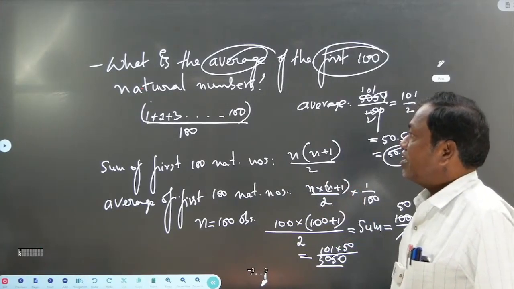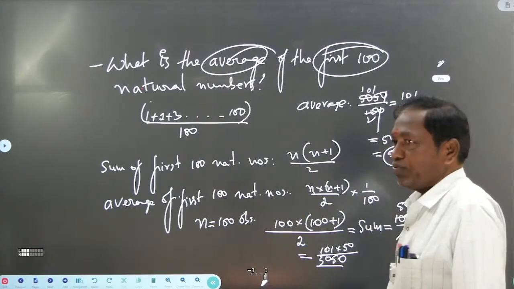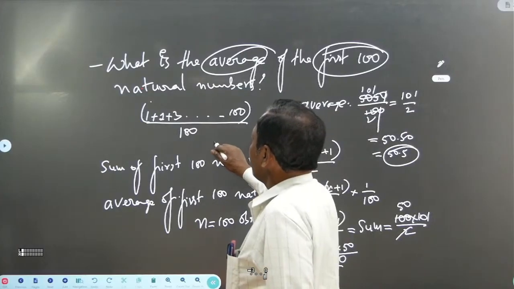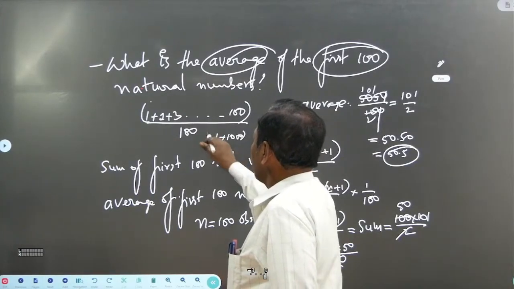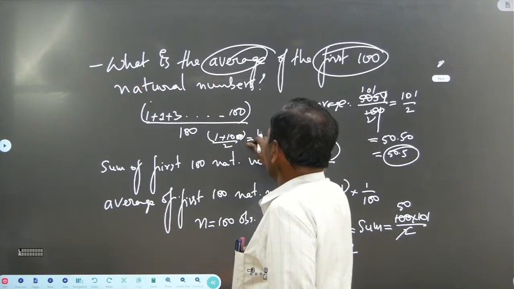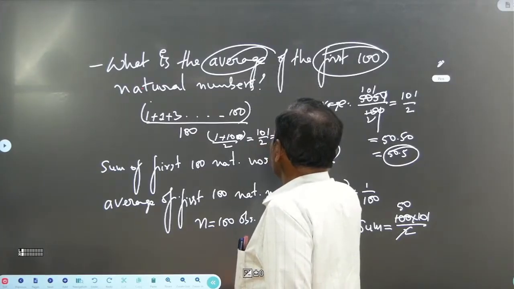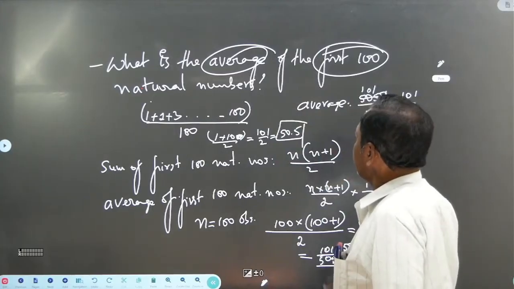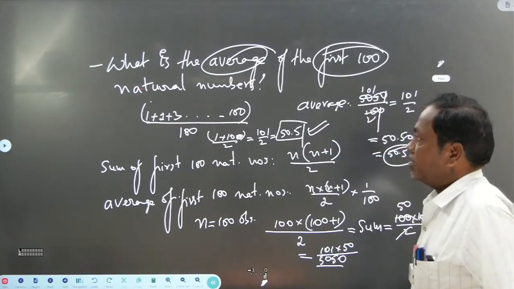What would be the result? 1 plus 100, 101 by 2. It means 50.5 is the average. That's the answer. That's the trick.